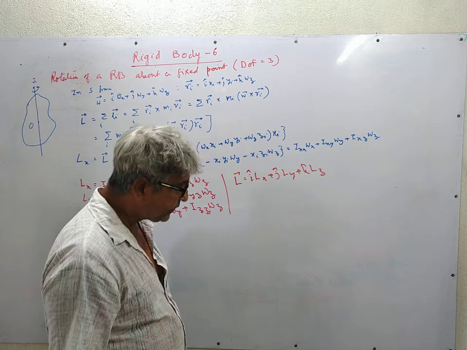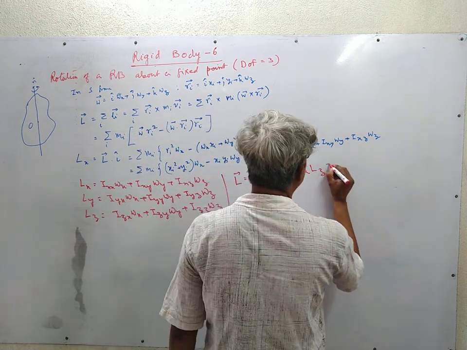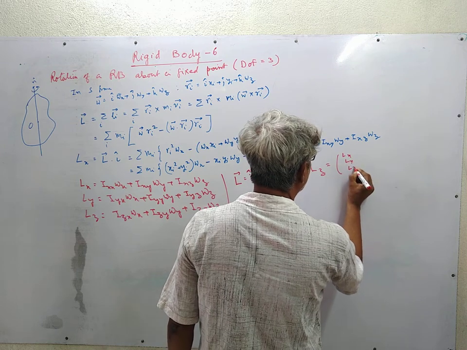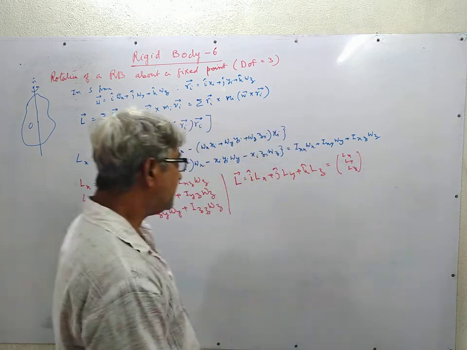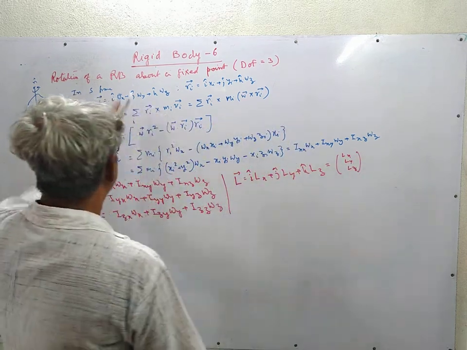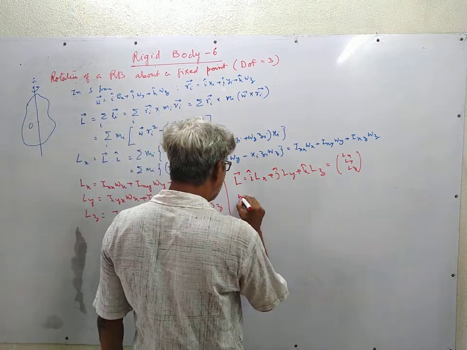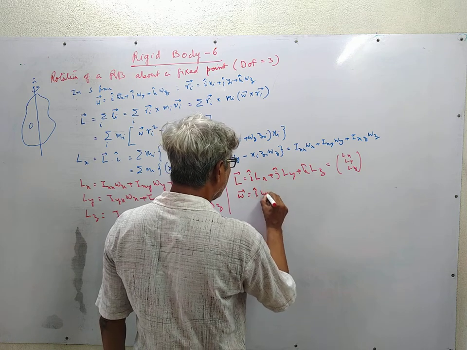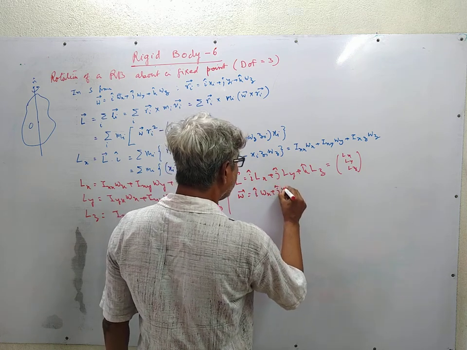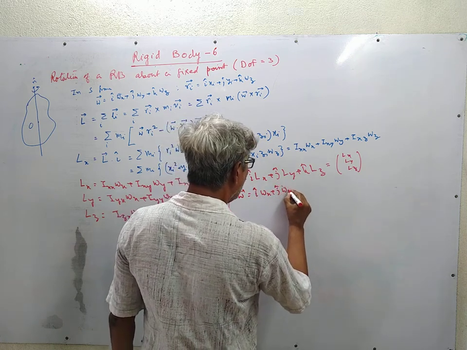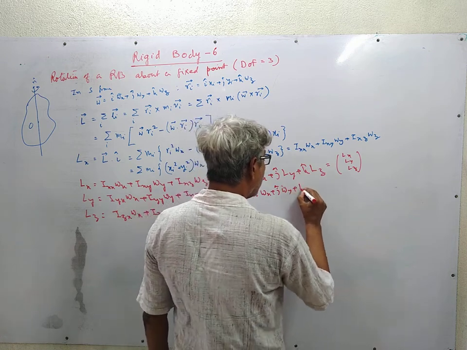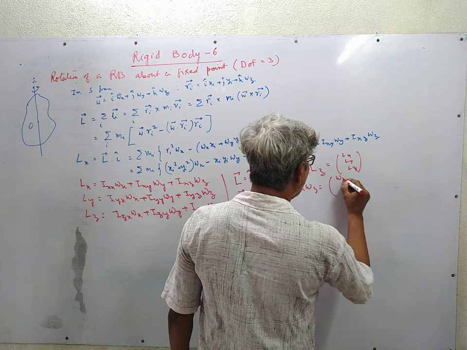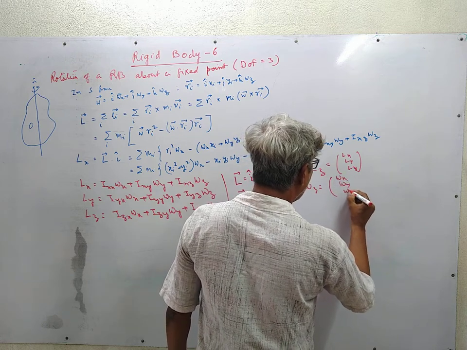Another equivalent way of writing this vector is a column matrix Lx, Ly, Lz. Similarly, this omega can also be written as a column matrix, i cap omega x plus j cap omega y plus k cap omega z, which is equivalent to omega x, omega y, omega z.